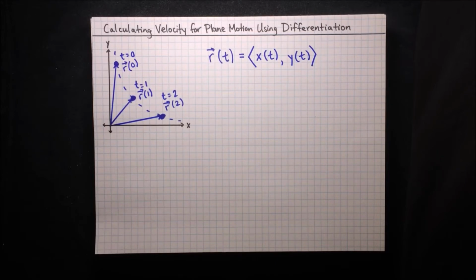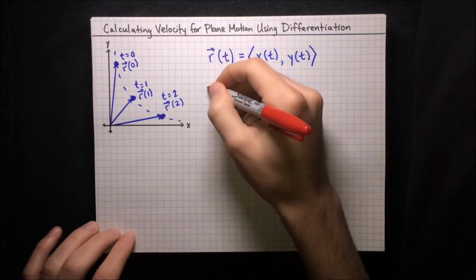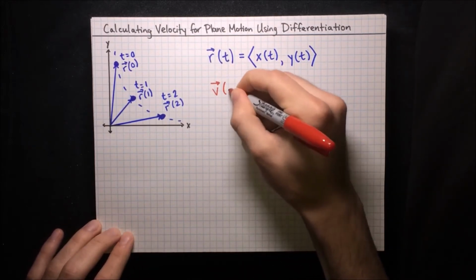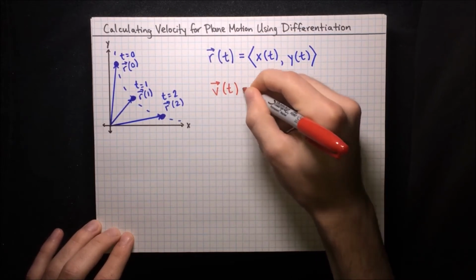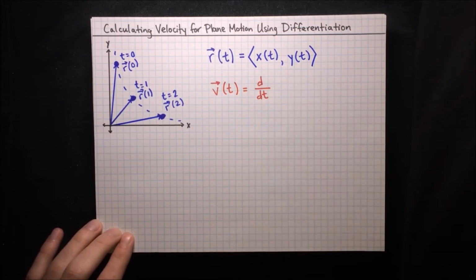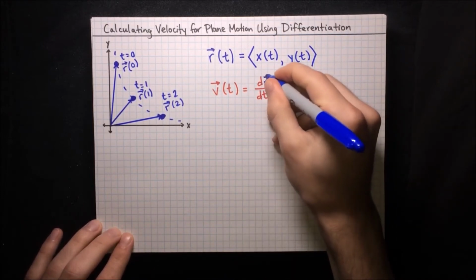Well, the answer is really nothing changes. We just take the derivative of the position vector, and I'll explain more on that in a moment. But let's write this down to start with. Velocity at time t is equal to the derivative with respect to t of the position vector.